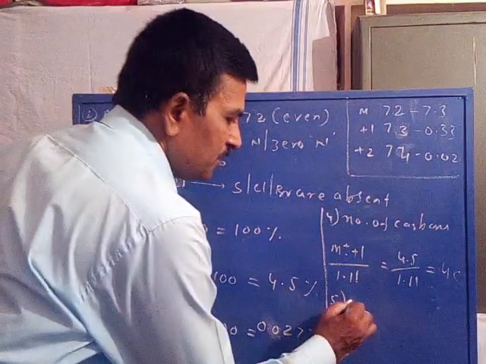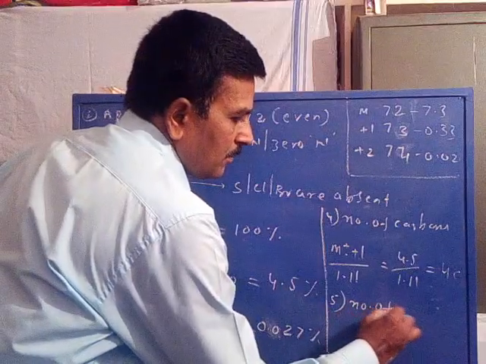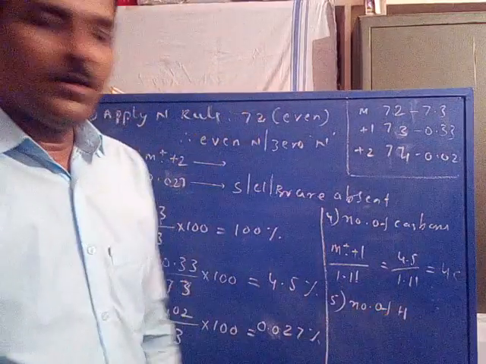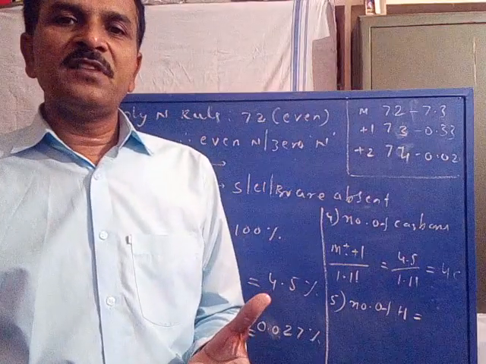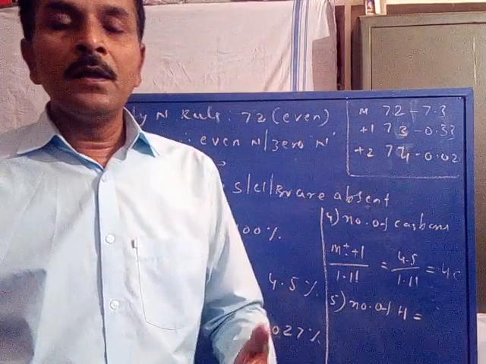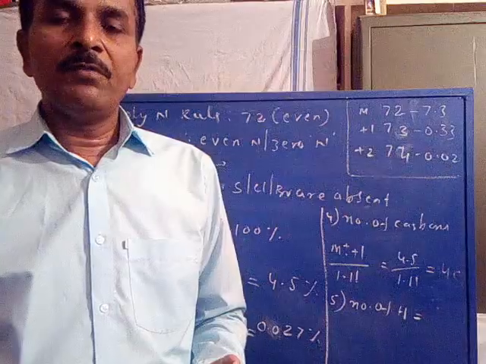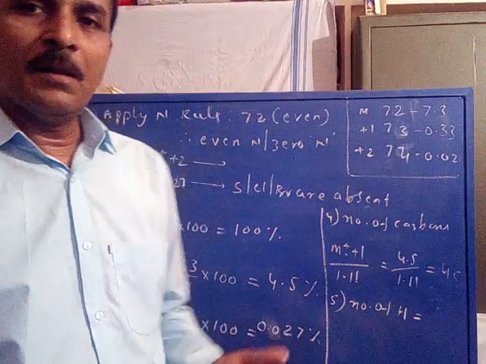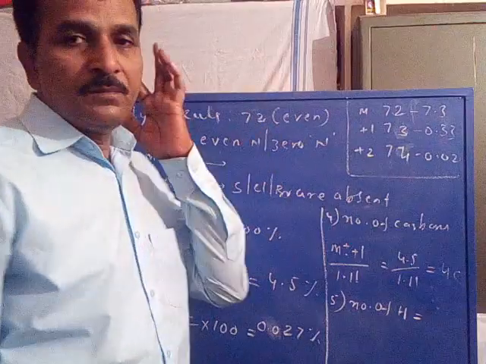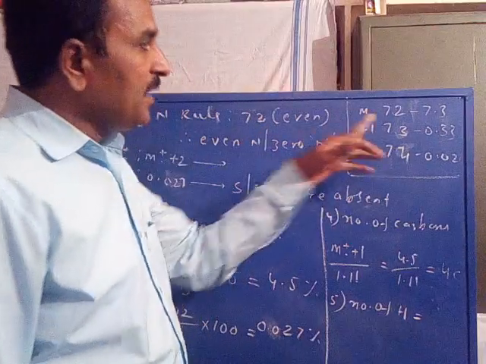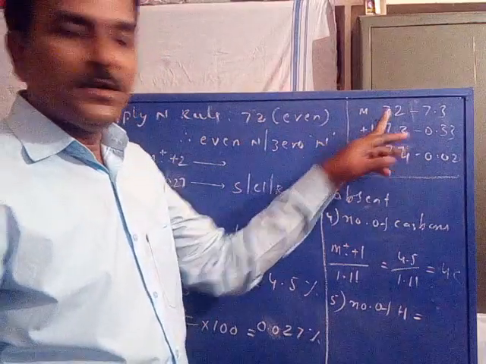Number of hydrogens. The number of hydrogens is calculated by deleting the masses of all the atoms predicted from the m/z value of the molecular ion. In this case the m/z value of the molecular ion is 72.